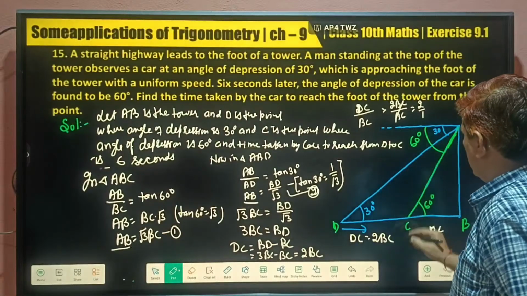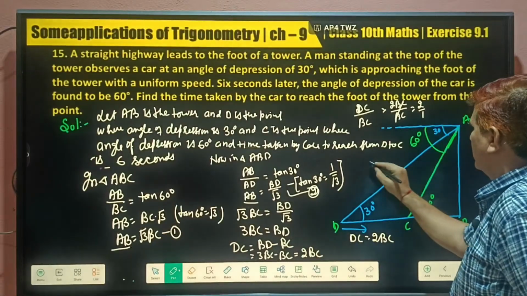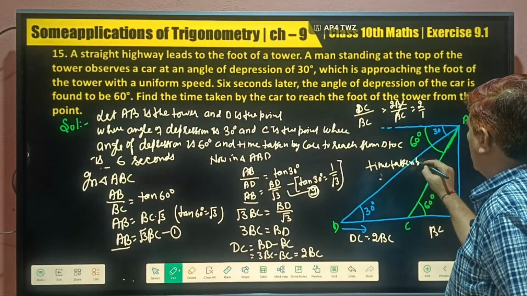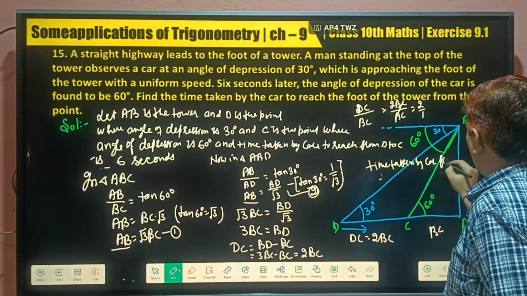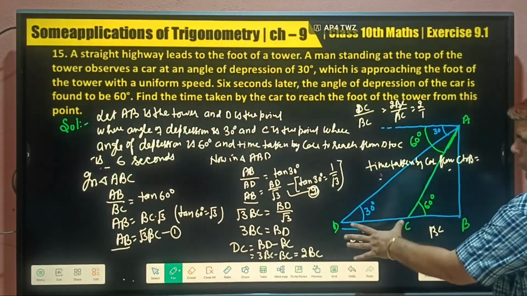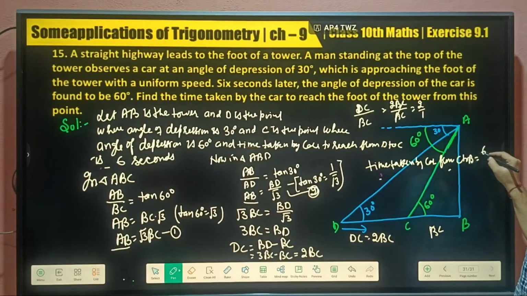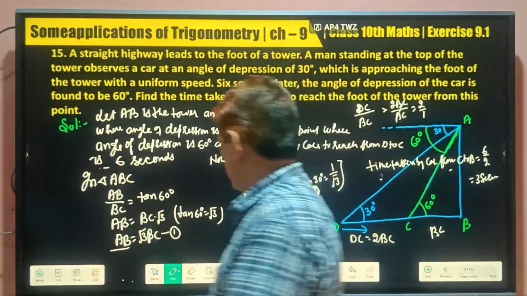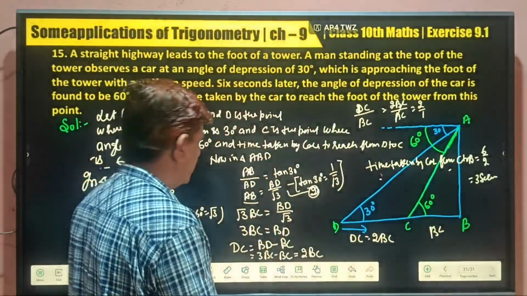So the time taken by the car from C to B is half of it. Here it takes 6, so divide by 2, how much? 3 seconds. Not got it? So come here.